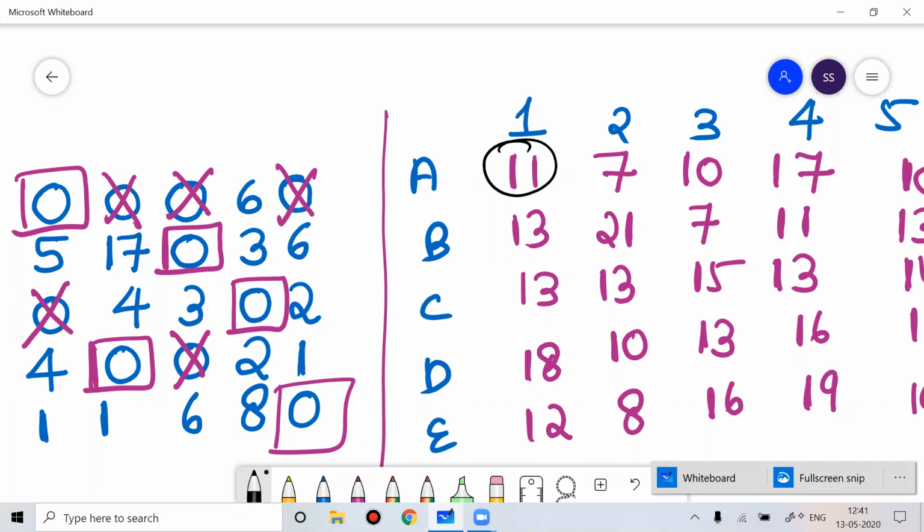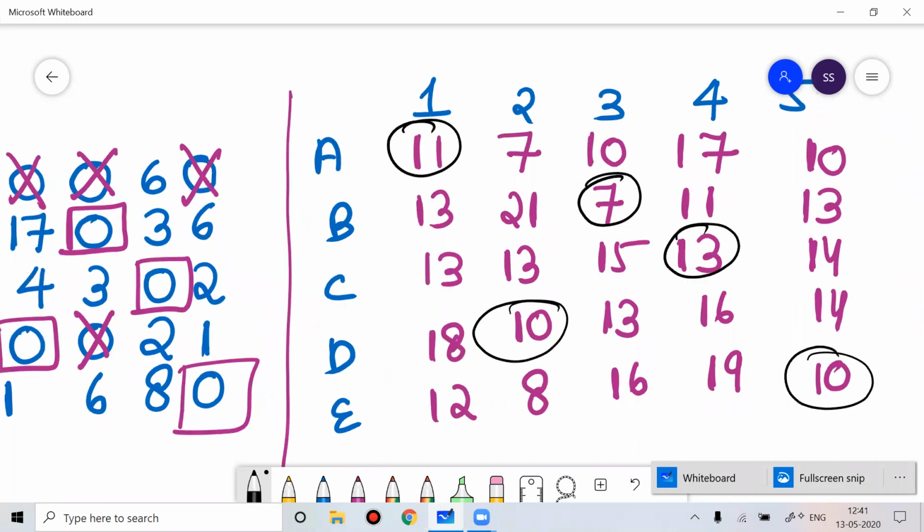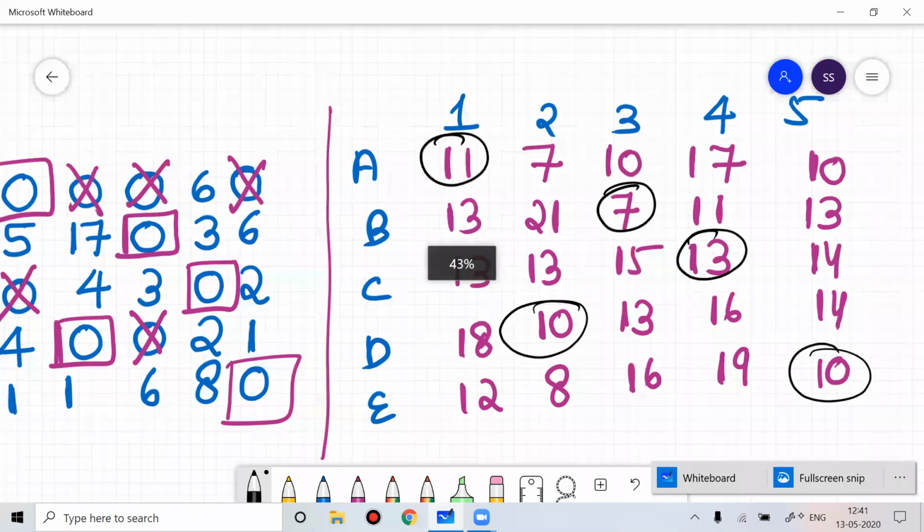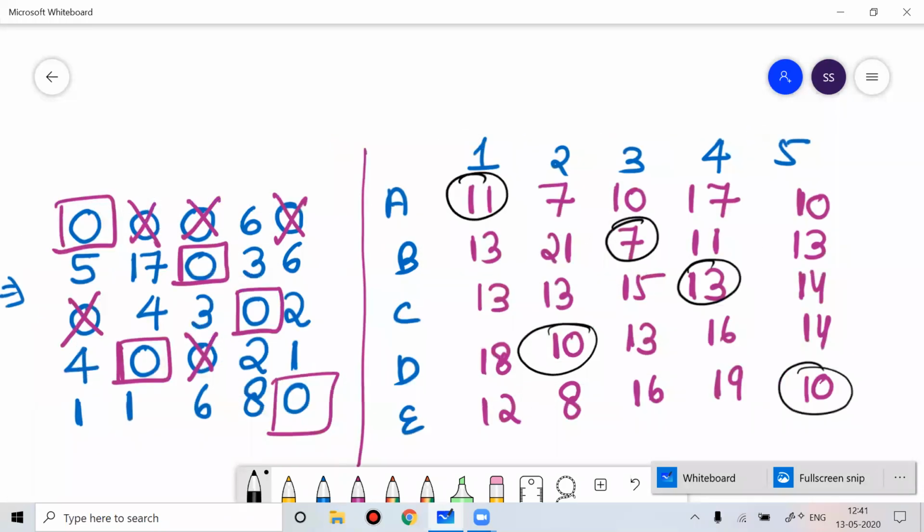Machine B will do job 3. Machine C will do job 4. Machine D will do job 2. And machine E will do the last job. I hope this is clear with everyone.